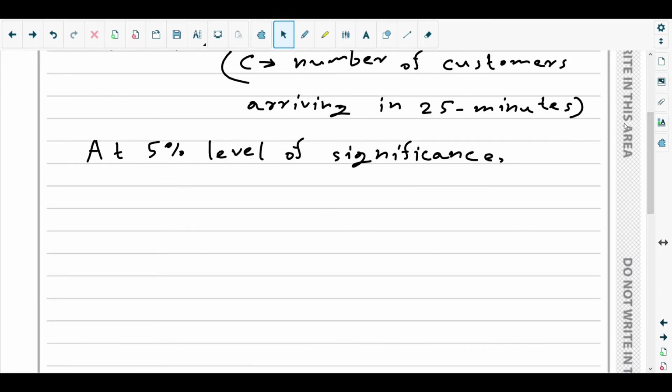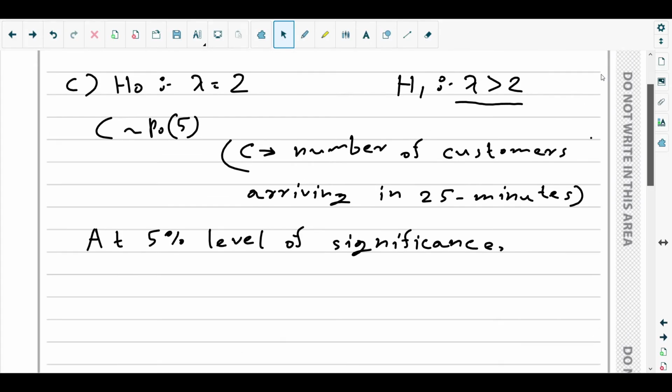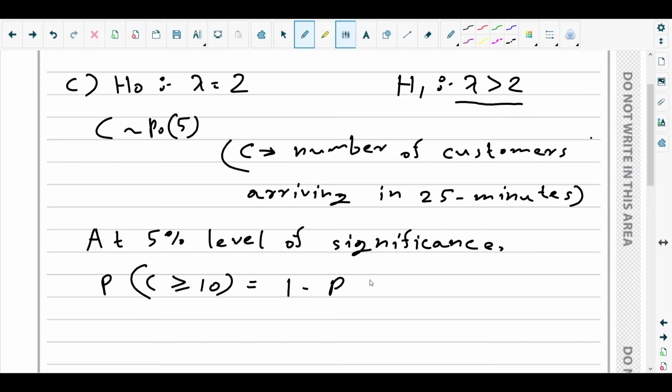So let's see whether C equals 10 lies within the critical region or not. Let's find out the probability of C greater than or equal to 10. So it would be 1 minus the probability of C less than or equal to 9.